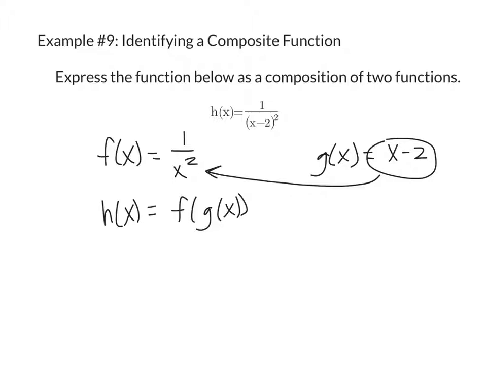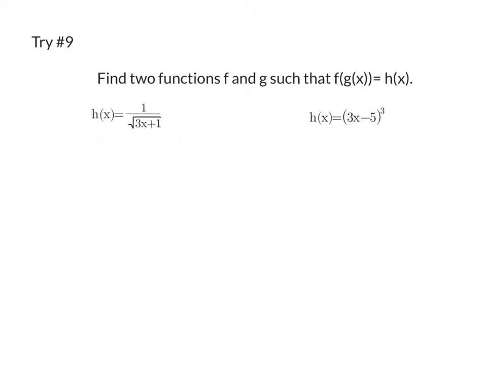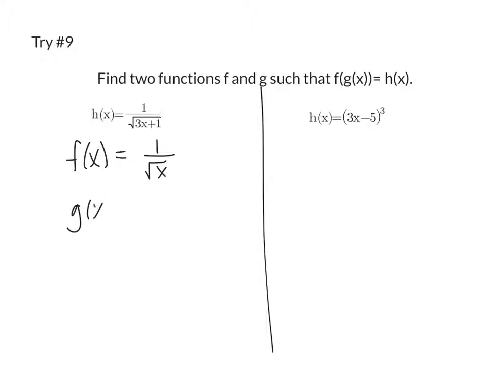Okay, let's try this on the next one. Let's find an f of x and a g of x. So on the first one, I can say that my f of x is 1 over the square root of x, and that g of x is 3x plus 1. I also could have had 1 over x, and the other one have been square root of 3x plus 1.